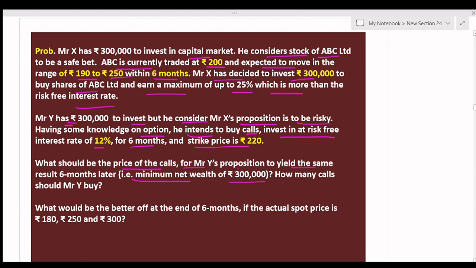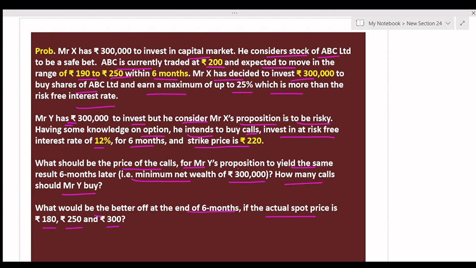How many calls should Mr. Y buy? What would be the better of at the end of 6 months if actual spot price is 180, rupees 250, rupees 300. Now for X, there is no call option or put option.